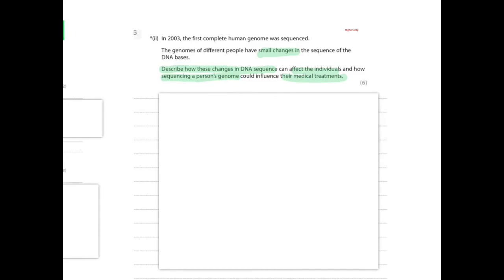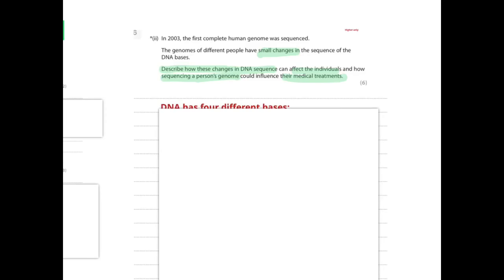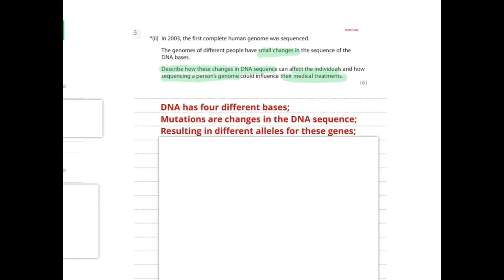So describe how these changes in DNA sequence can affect individuals. A change in a DNA sequence is a mutation. So let's start there. DNA has 4 different bases. Mutations are changes in the DNA sequence, resulting in different alleles for these genes. So different alleles basically explain why people look different, why they have different variation.